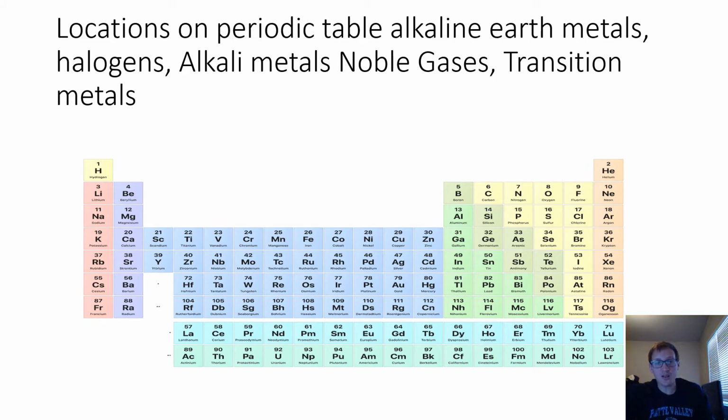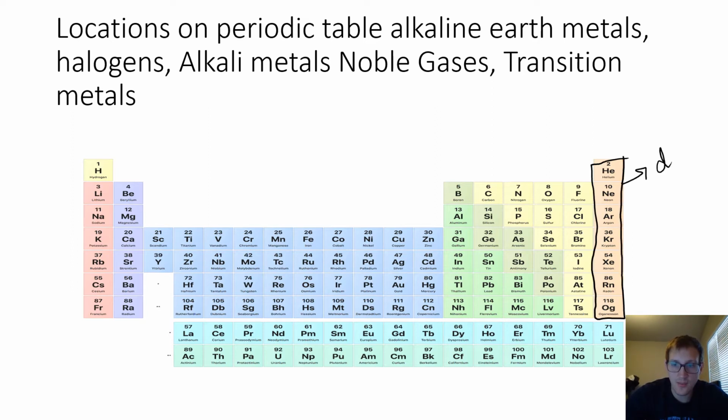Moving on, we also talked about the locations of different types of groups inside our periodic table. Okay, so a couple things. First of all, the noble gases are over here on the far right. Okay, these things do not bond to anything. That's why they're called the noble gases.